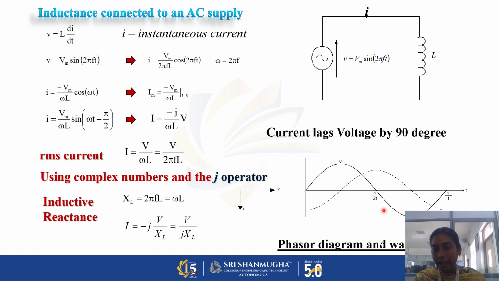So the current is lagging here. Only after the voltage does the current attain its maximum value. The phase difference between voltage and current is 90 degrees. So the current lags the voltage by 90 degrees.